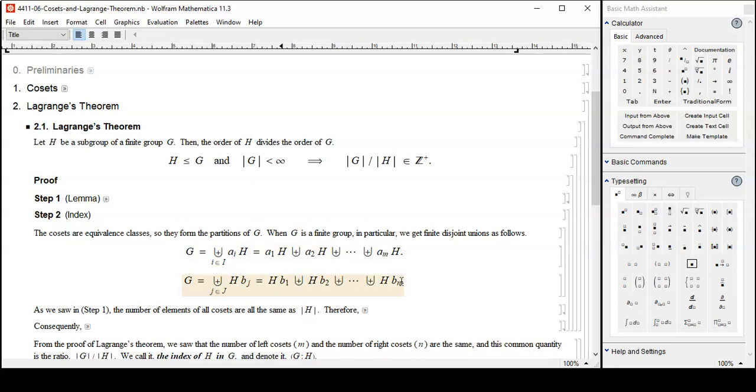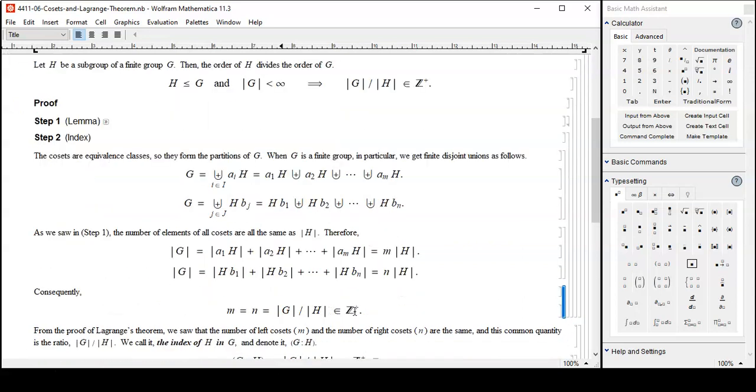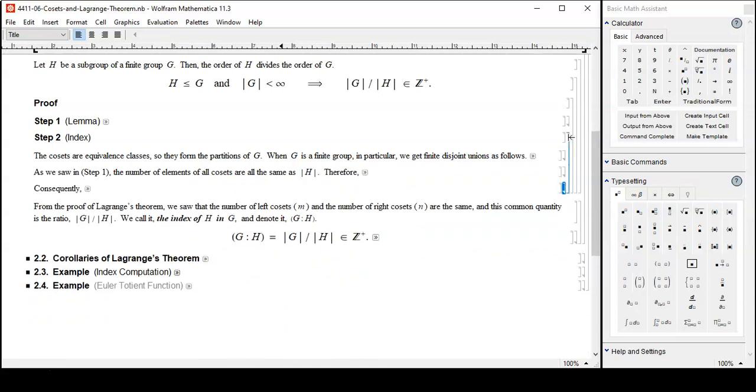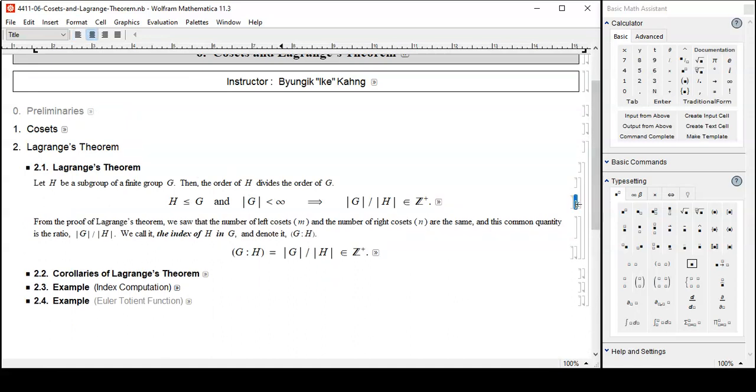And then if you count, m and n, of course, will have to be the same. And they have to be the cardinality of G divided by the cardinality of H, which we call the index. So that proves Lagrange's theorem and establishes the concept of the index.